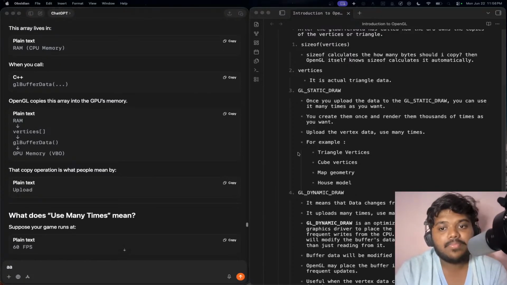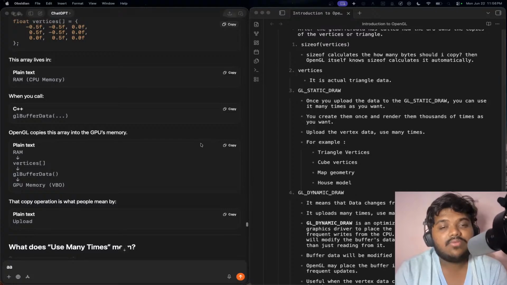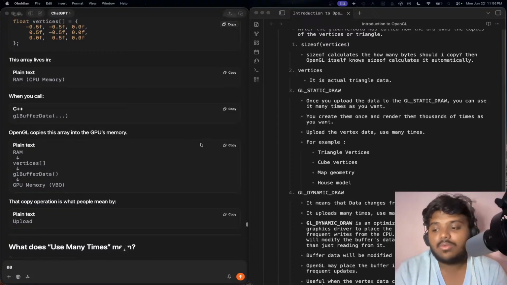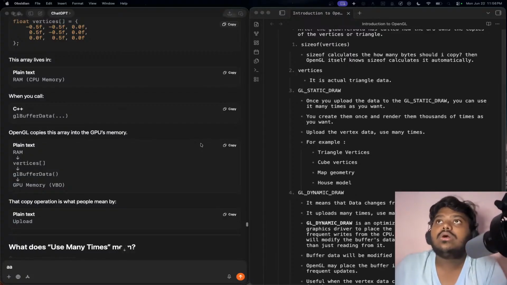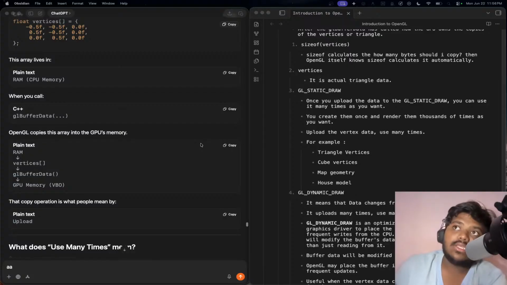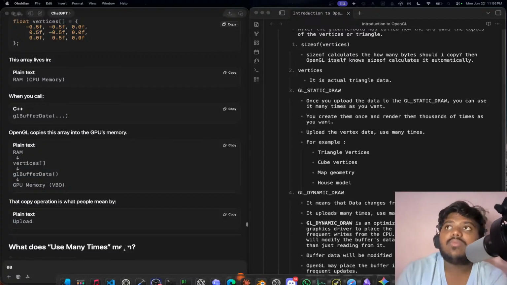Uploading the data. Okay, when I call OpenGL, it copies what exactly? Why is it so hard? Oh my god, it is really hard. Is it using a lot of memory or something?